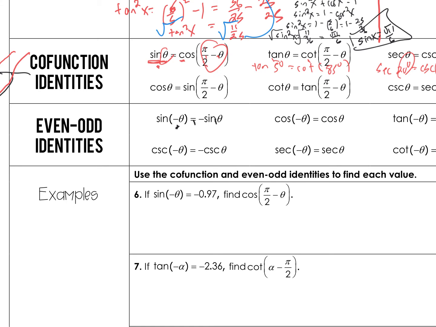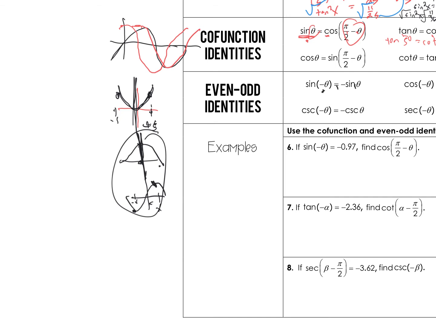In other words, you could basically factor out that negative, because the sine, let me do my sine curve. The sine of a negative angle, that's this way here, will be the opposite of whatever the sine of the positive angle was. If that was equal to 0.4, that would be a -0.4 down here.